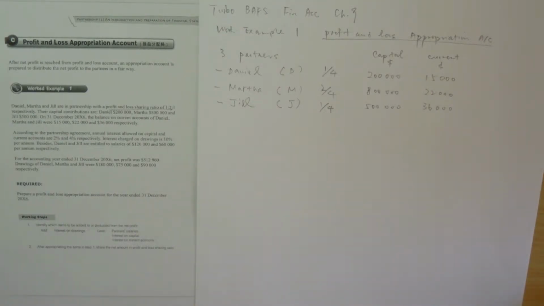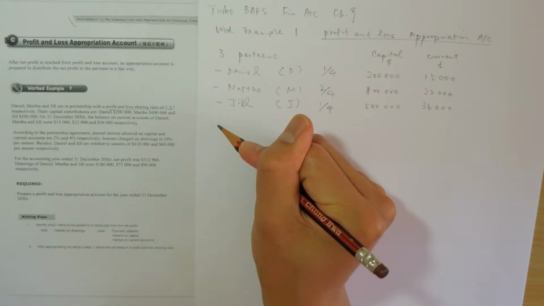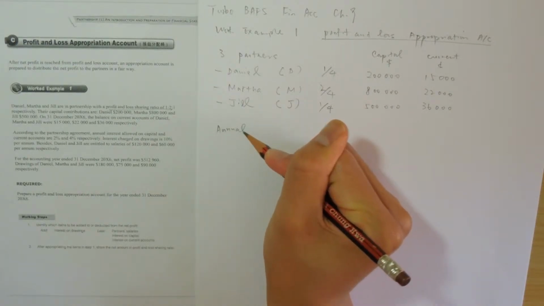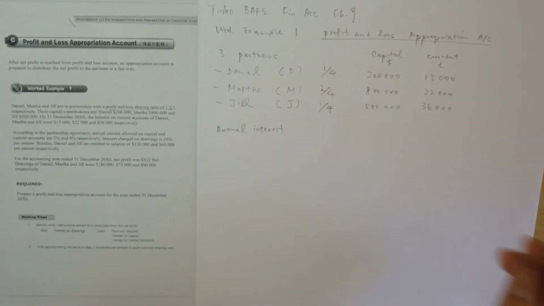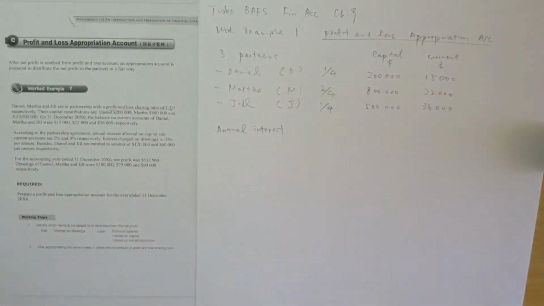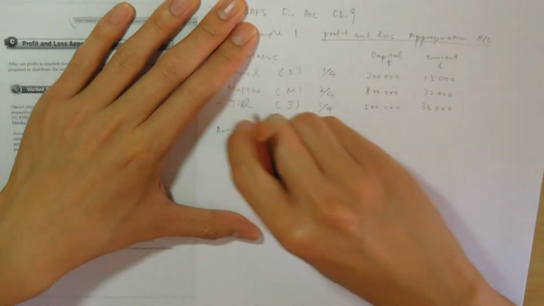Okay, according to the partnership agreement, there are a few elements. The first one is the annual interest on the capital.